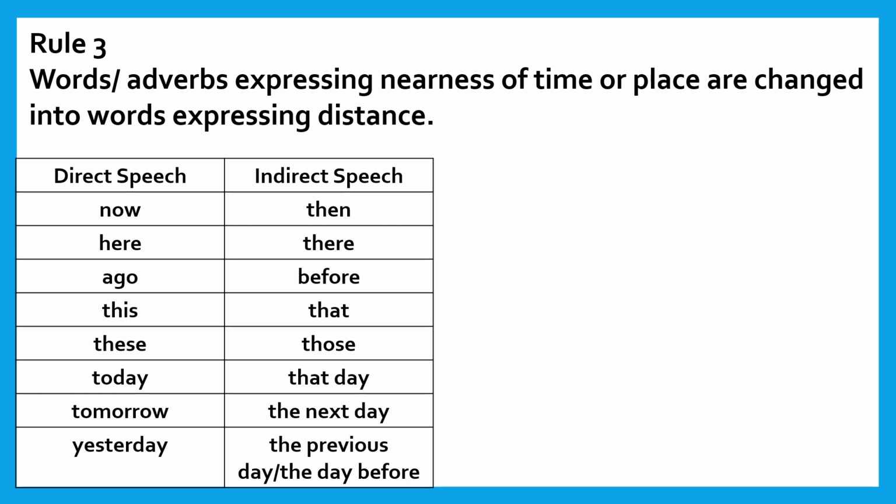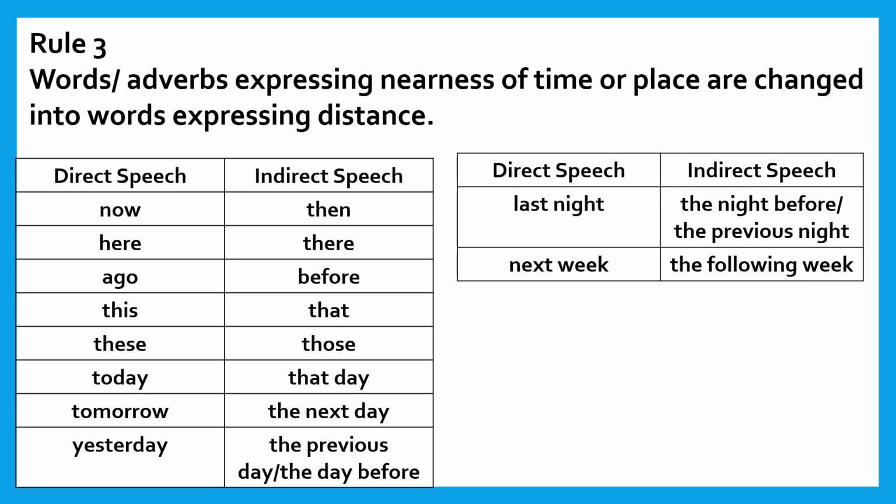This becomes that. These becomes those. Today becomes that day. Tomorrow becomes the next day. Yesterday becomes the previous day or the day before. Last night becomes the night before or the previous night, and next week becomes the following week.